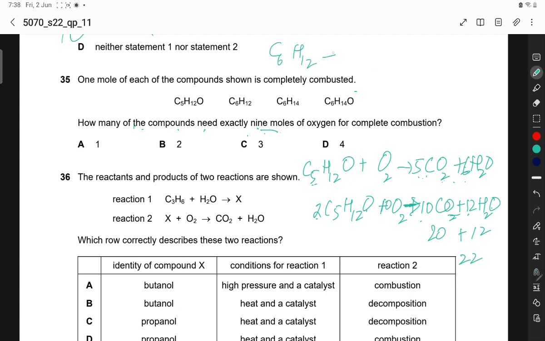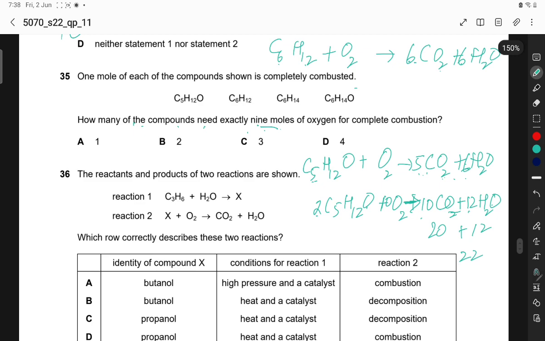Now C6H12 plus oxygen gives CO2 plus H2O. 6 carbon gives 6, and 12 hydrogen gives 6, so 12 plus 6 is 18, which is 9 moles of oxygen.